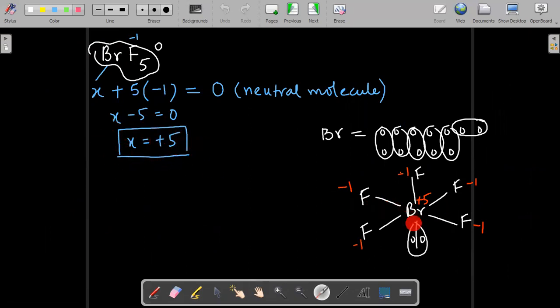ये देखो, look at the structure of BrF5 here. Now don't worry about the structures, we'll teach you how to draw the structures in chemical bonding.